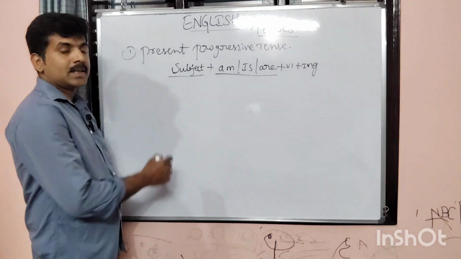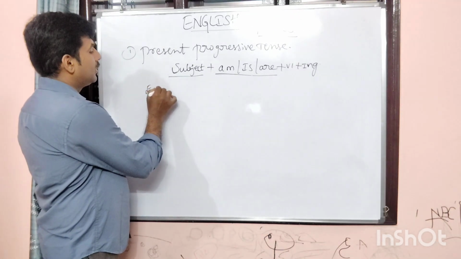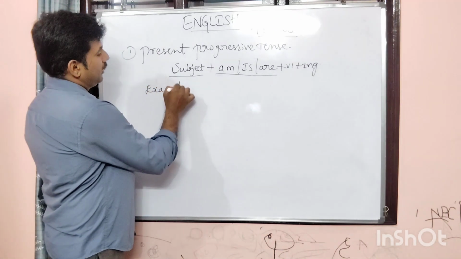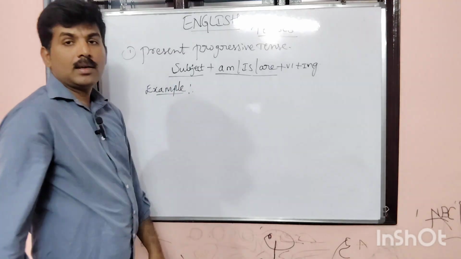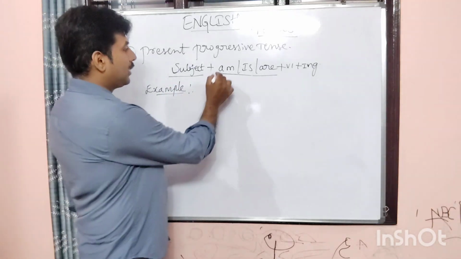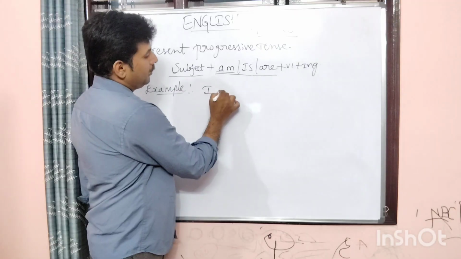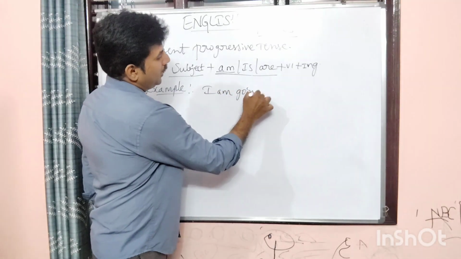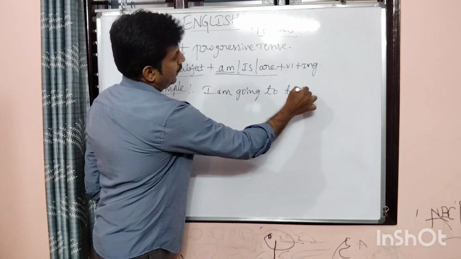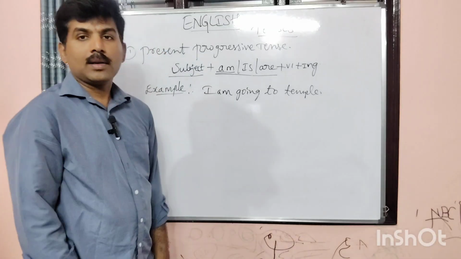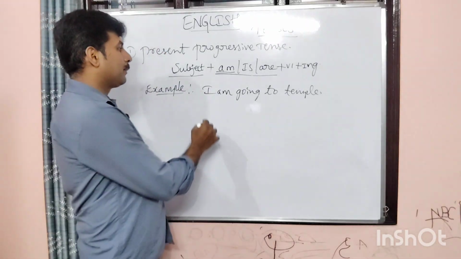Okay, for example. Yes, for example, am. Okay, I am going to temple. I've given three types of example.